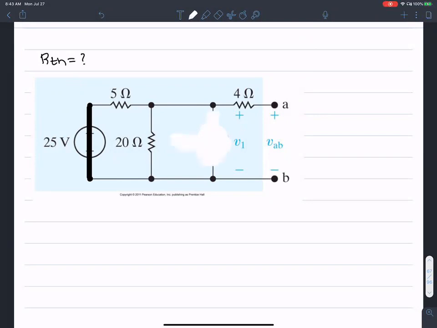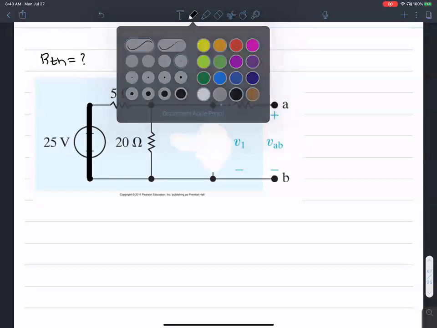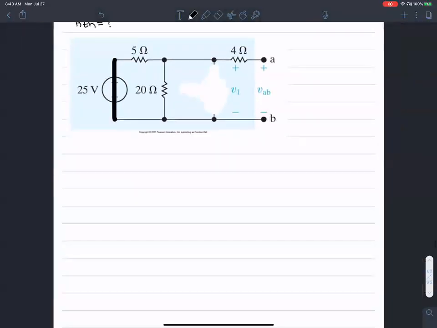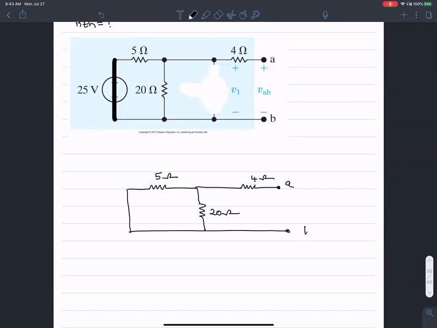Now let me redraw the circuit and see what I have. There is this 5 ohm resistance and a 20 ohm resistance. And of course, there is a 4 ohm resistance between A and this guy, which is replaced with a short. And here is B.